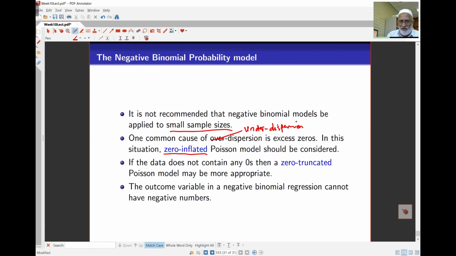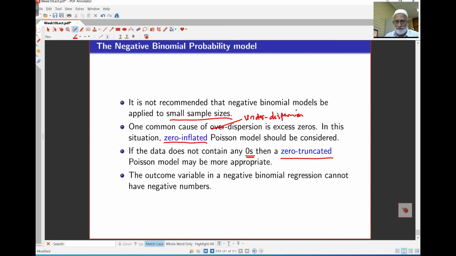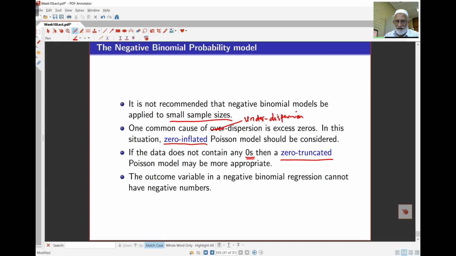Another issue is where you've got no zeros at all, and that may be what we call a zero truncated Poisson distribution. And so that needs to also be modeled separately. Of course, as we saw here, negative binomial regression cannot have negative numbers in it.